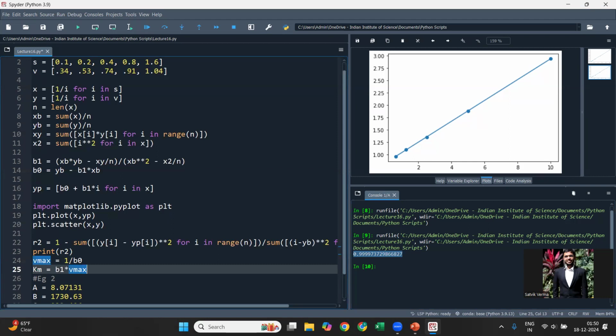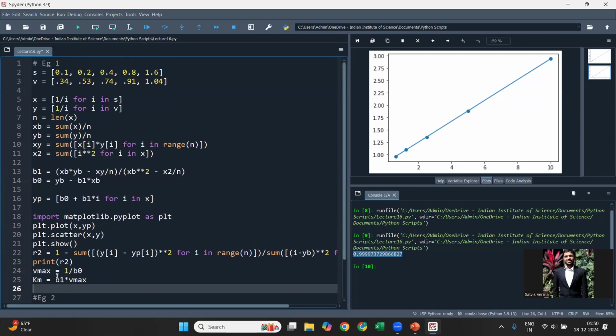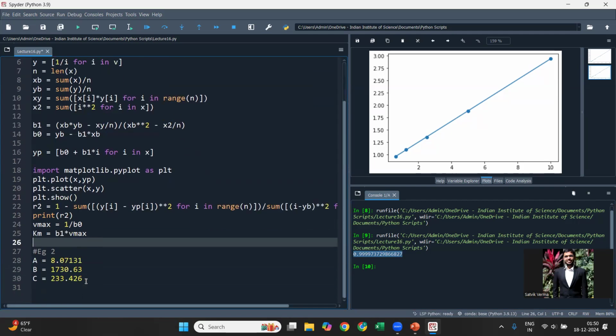And let's just, for the fun of it, make up another figure. So over here, I'll just put plt.show, and let's plot the data of S versus V and the S versus V that we predict from the Michaelis-Menten equation, right?